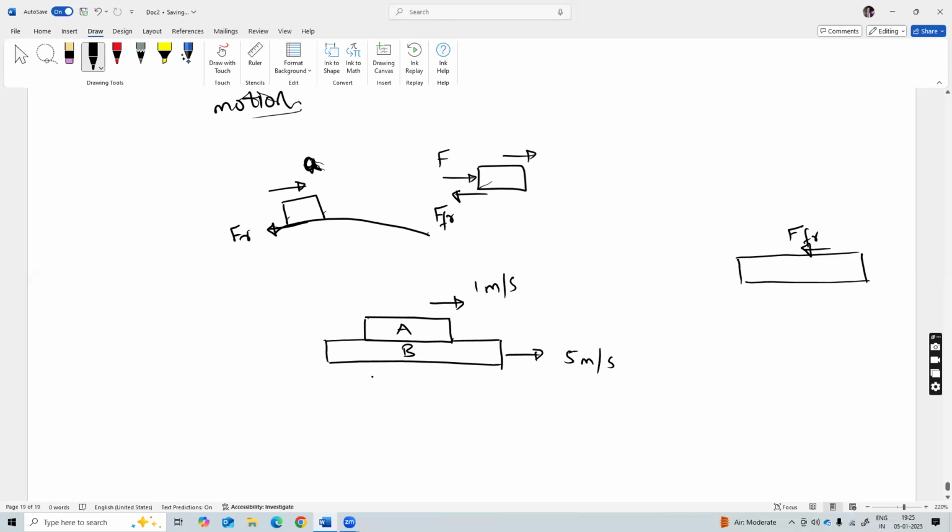The body B is moving in this direction, whereas friction, the frictional force, will try to resist its motion.